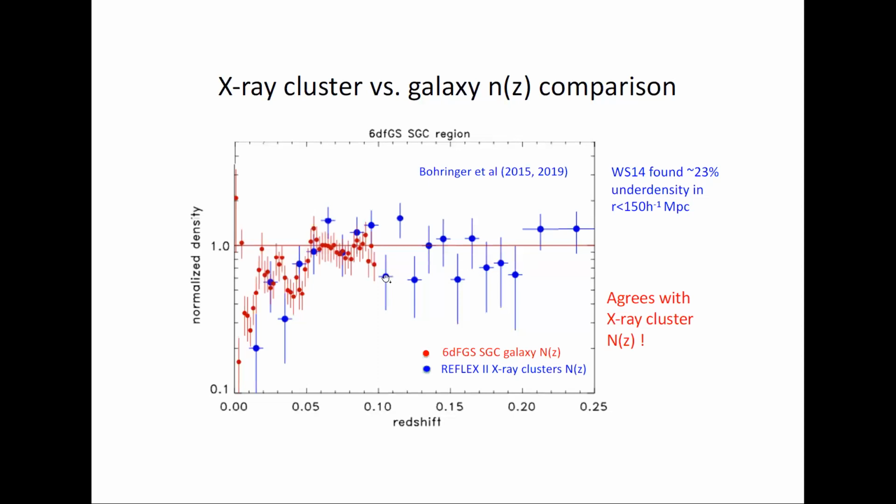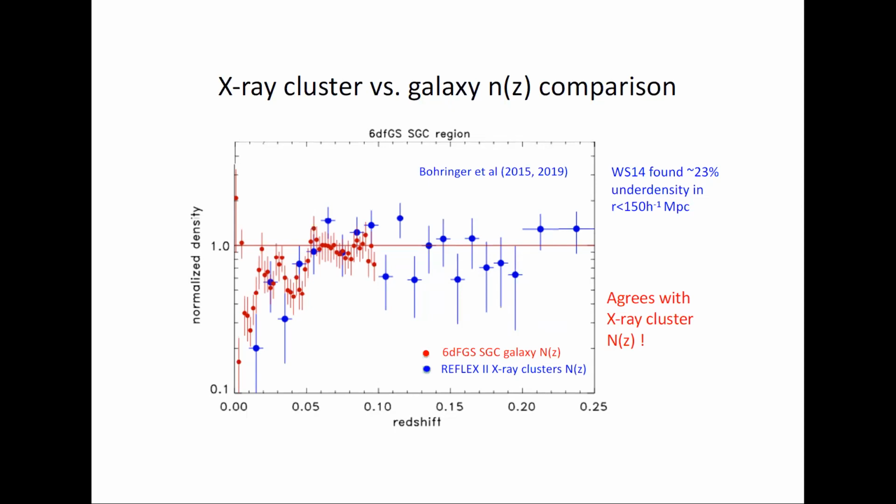And you see the blue points here are their X-ray clusters from the REFLEX ROSAT X-ray sample. And you see that broadly speaking, in the overlap area, there's very good agreement between their cluster data and our galaxy redshift data.